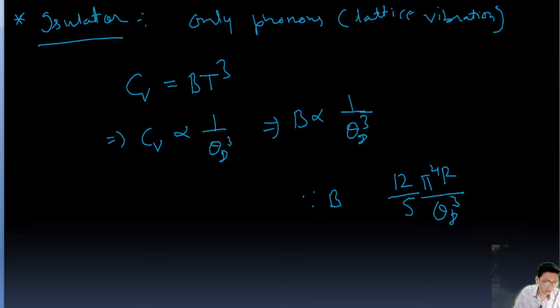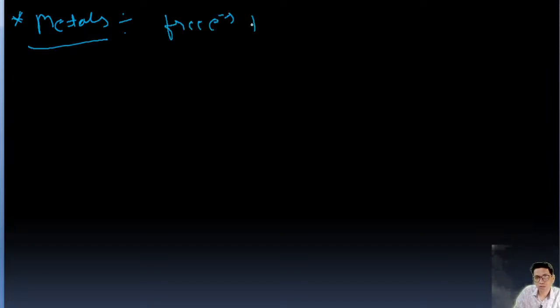And now if you talk about metals, in metals the specific heat is because of free electrons as well as phonons or lattice vibrations, right? So in that case CV is going to be AT plus BT cube.